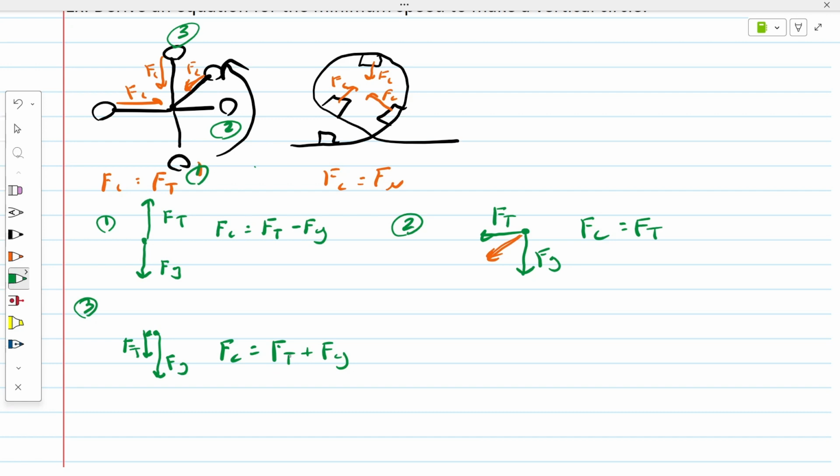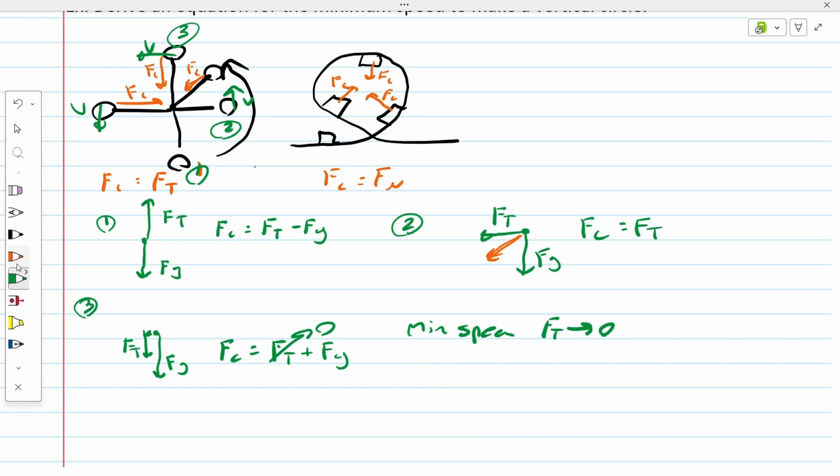And so now let's say we want to find the minimum speed that this ball can be moving so that it stays in the loop. For the minimum speed, this force due to tension would be approaching 0. So this would be going to 0.